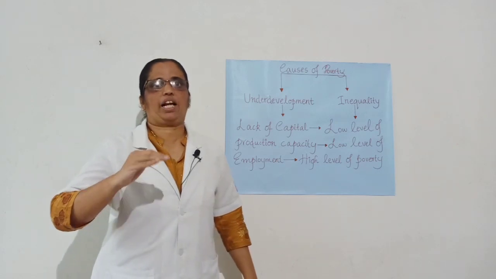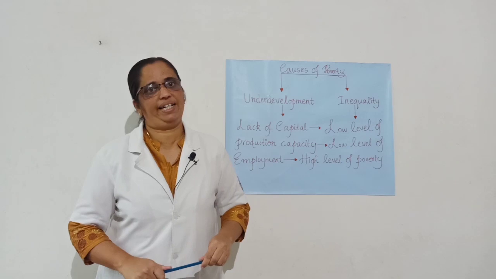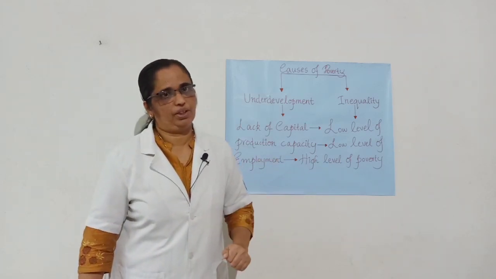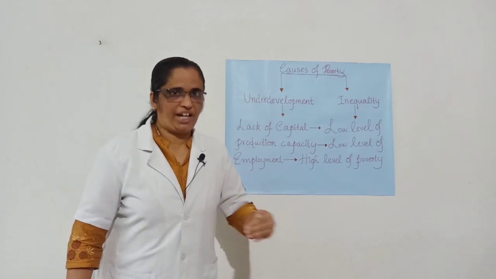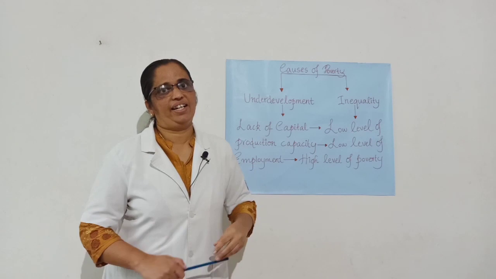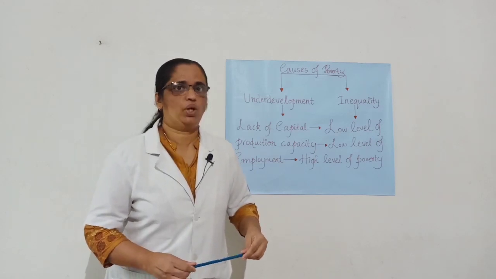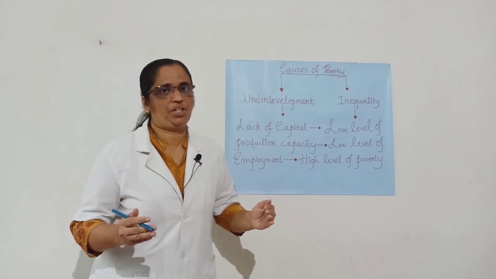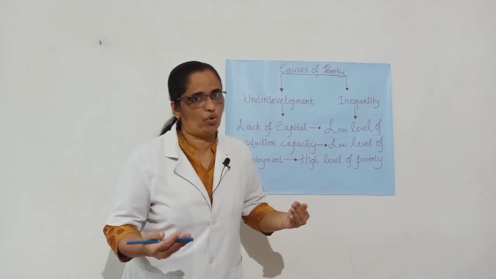Our structural problem is deficiency of capital on the one side, high pressure of population on the other side. So, population is increasing at a faster rate than the increase in the number of job opportunities. The net impact is a high level of unemployment and a high level of poverty.